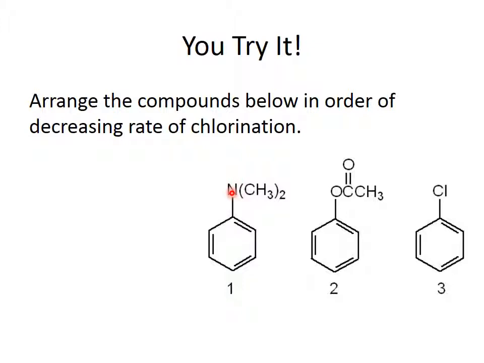You see how the nitrogen is directly on the ring, so that makes it an activator? So is this oxygen. That carbonyl is one away, so it is not a deactivator. Which is more activating? Well, because oxygen is more electronegative than nitrogen, the nitrogen is more activating than the oxygen. So the order is 1, 2, 3.